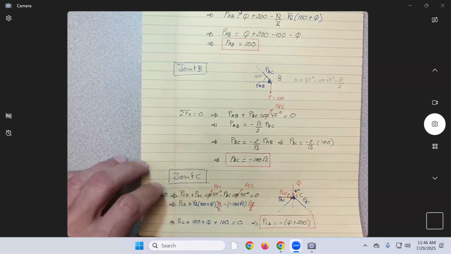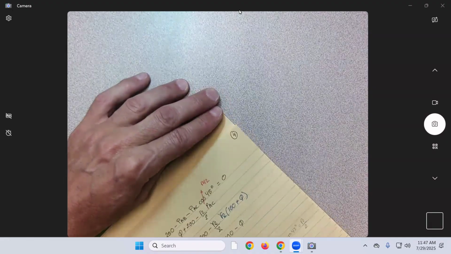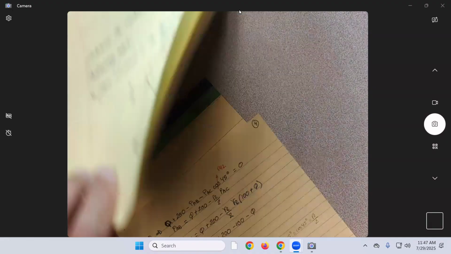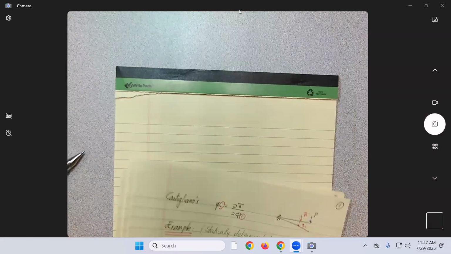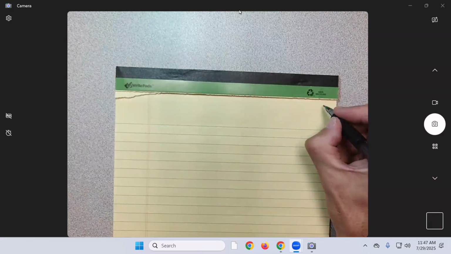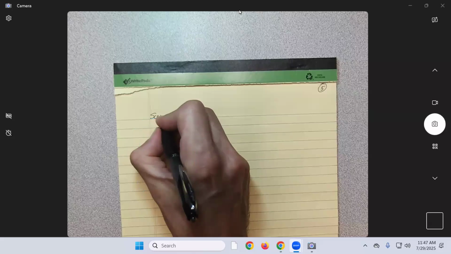All right, so joint C. So let's do a little summary of the axial forces. Okay, so we're going to do a summary, which is a table over here. So let's see, I like this blue, the way it writes. So I'm going to keep writing in blue. All right, so summary, and then I do the table in blue.